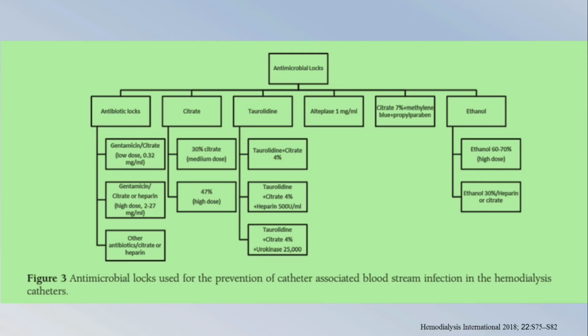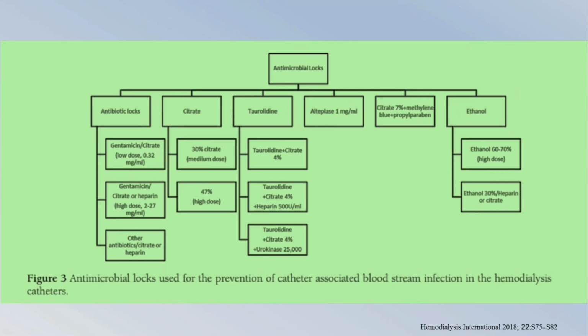Okay. Now, if we decide to use gentamicin, how should we use it? The standard high dose is the 4 milligram per ml solution with heparin. You can make it. It's very cheap. Just fill the volume of the length of the catheter and leave it until the next time, then aspirate and discard before you start dialysis, so that none of that goes into the patient.